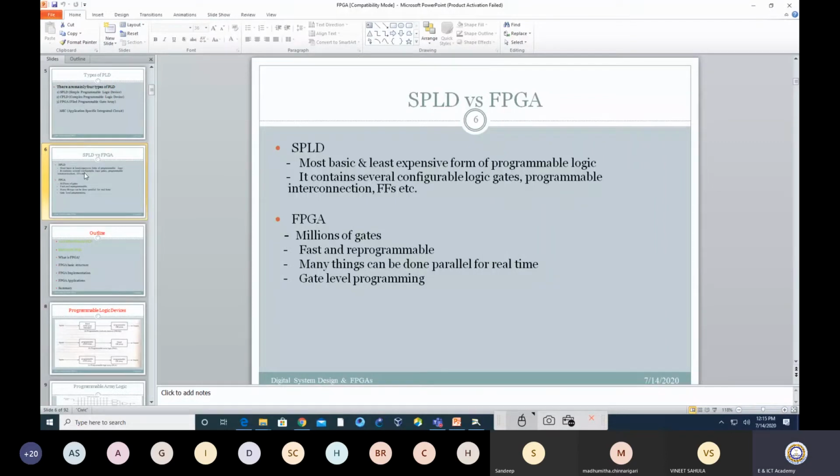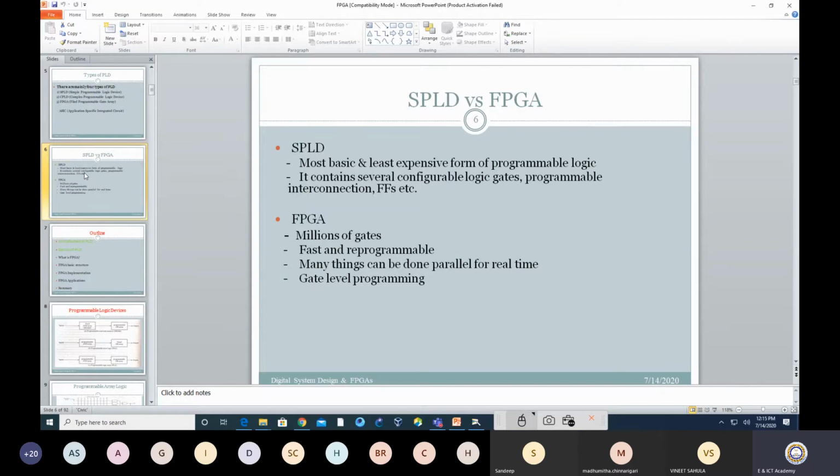When I talk about the FPGA, it has millions of gates. It is fast and reprogrammable because various EDA tools are available. Those tools help you convert your design into your .bit file.